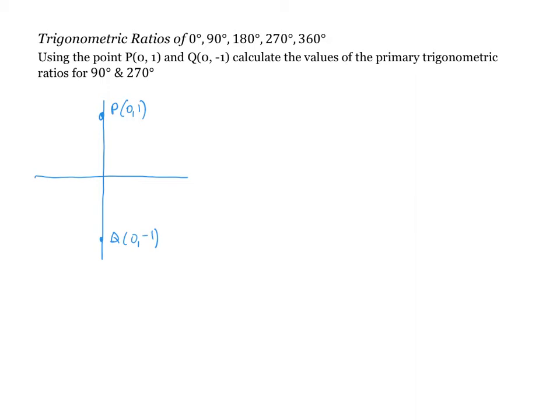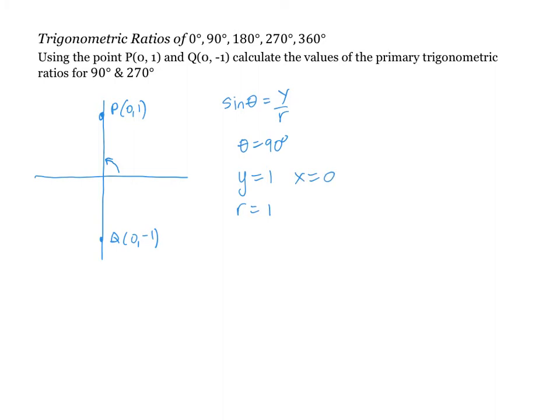If you recall, we said that sine theta equals y over r. So if we're looking at the first one, for 90 degrees, theta equals 90 degrees. So how do we do that? At 90 degrees, y equals 1, and r equals 1, because x equals 0.